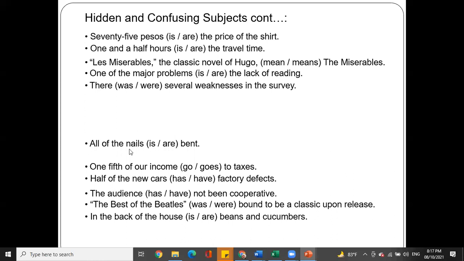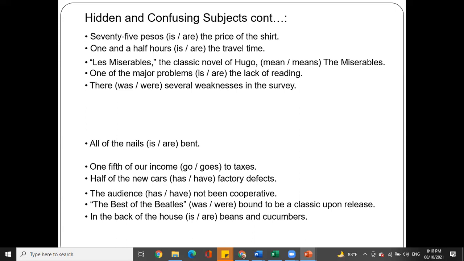But if you say all of the nail, then the modified nail is singular, so all becomes singular as well. So all of the nail is bent. These six pronouns do not have any singularity or plurality by themselves. They determine it based on the subject that they modify.